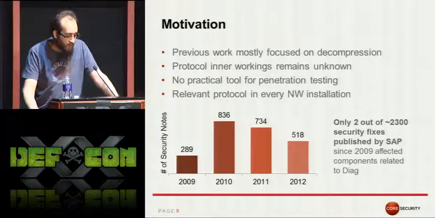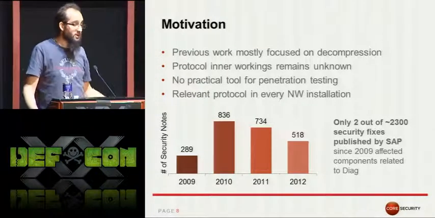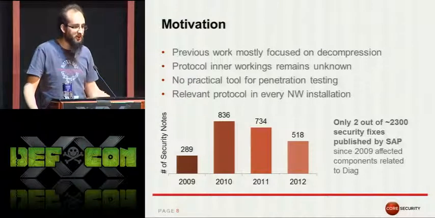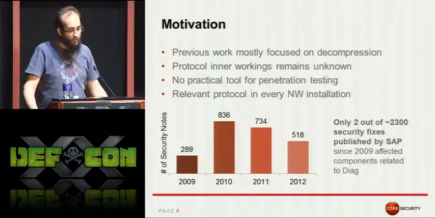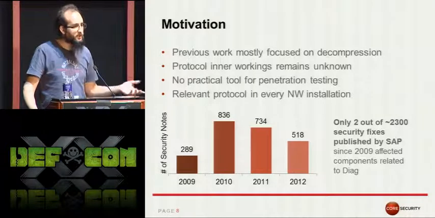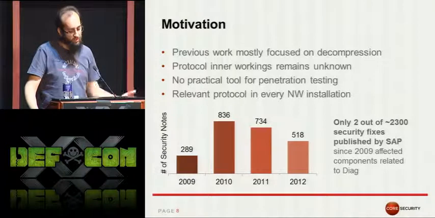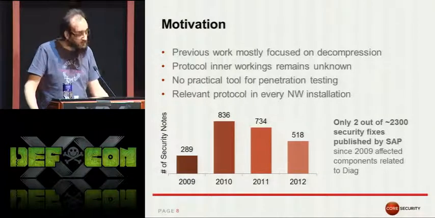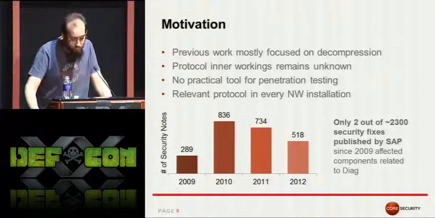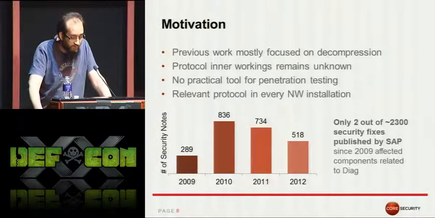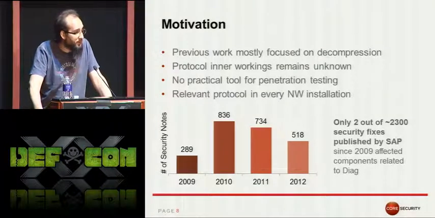So this was mainly the motivation for my research. And also the protocol is relevant because it's present in every Netweaver installation. And we often see customers that are not using encryption. So this also makes an interesting point. And additionally, out of around 2,200 security fixes published by SAP, only 2 affect the protocol.